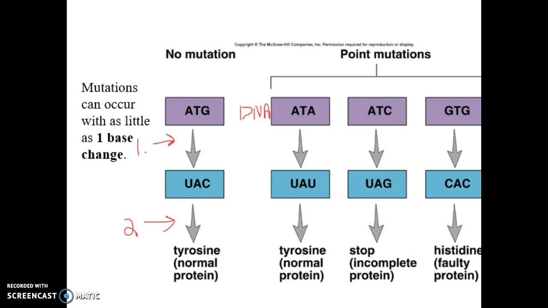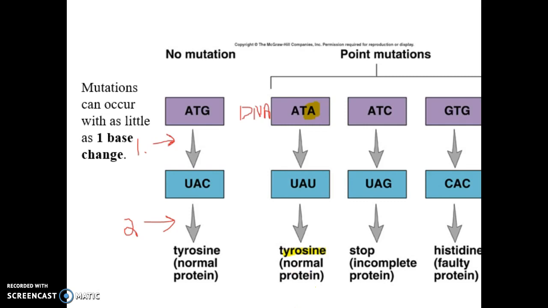Sometimes it's only one letter in the alphabet that gets messed up and everything changes. So if you come back here, okay, ATG is your normal code. Now we have ATA. There's your mutation. But if you notice, it still codes for tyrosine. So it's a non-functional or non-influencing mutation. Nothing changes.